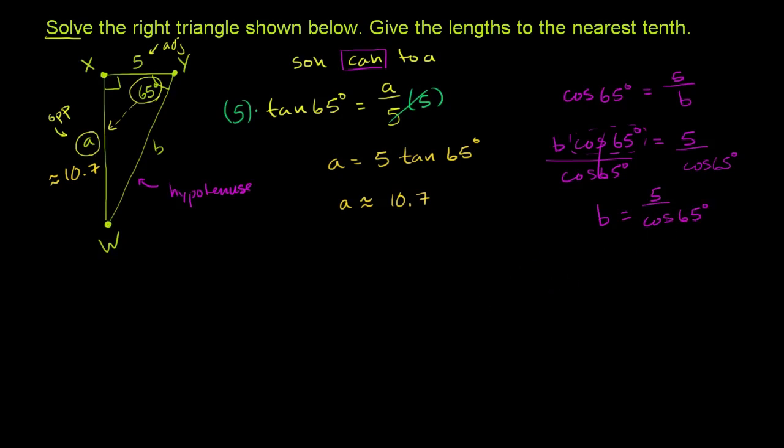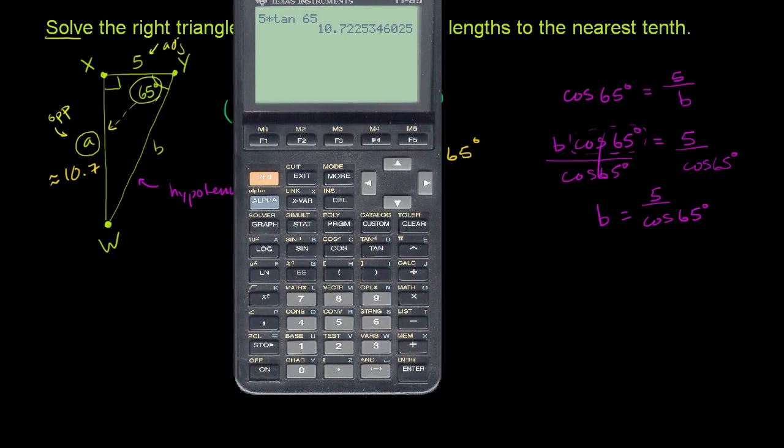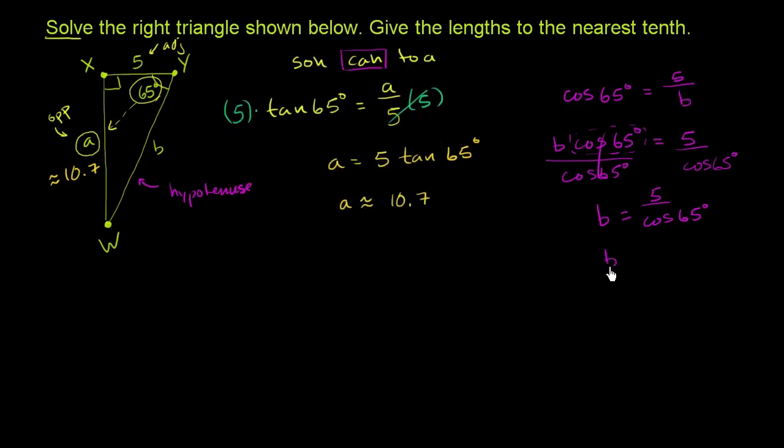Let us now use our calculator to figure out the length of B. The length of B is 5 divided by cosine of 65 degrees. And if I round to the nearest tenth, I get 11.8. So B is approximately equal to 11.8.